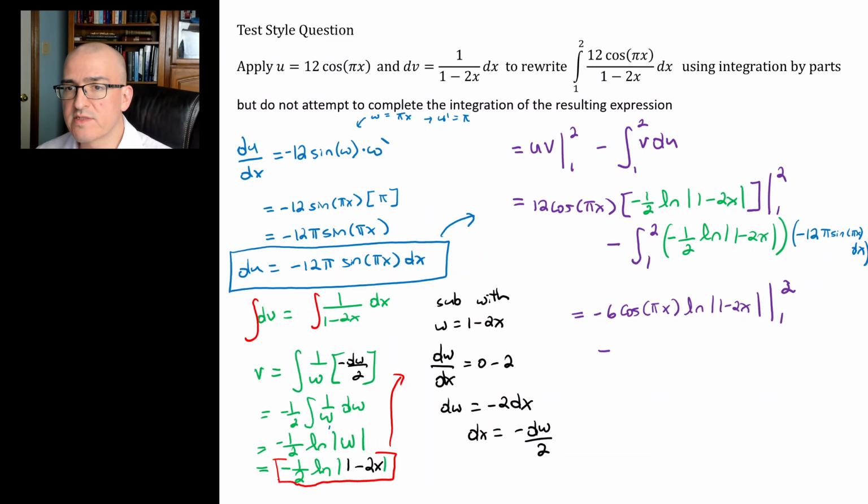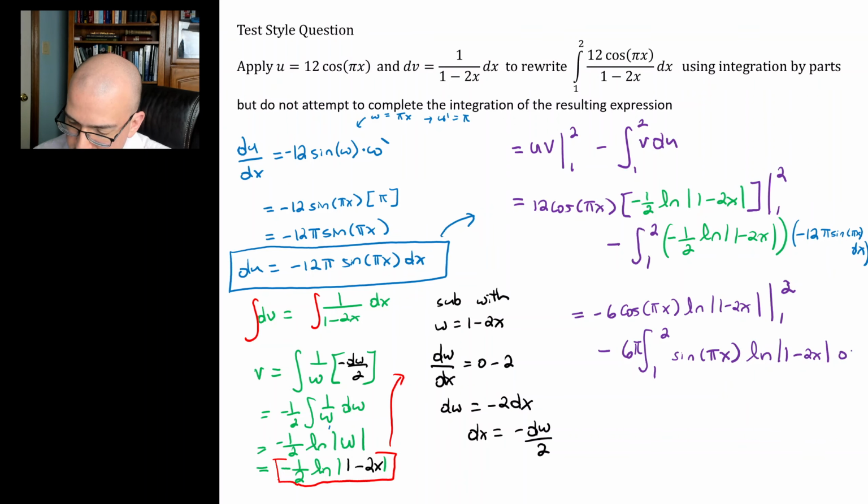We can multiply the constants together, we have a 6, bring that out front, integral from 1 to 2, and then might as well put the π out front with the 6, so minus 6π, integral from 1 to 2 of sine of πx times the ln of 1 minus 2x, absolute value, dx.